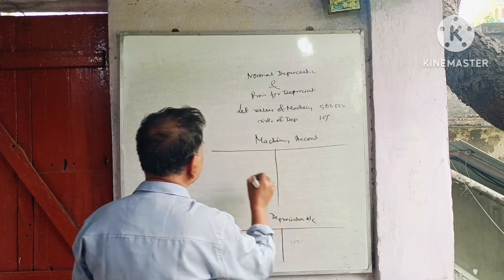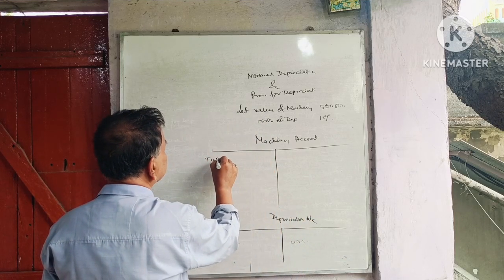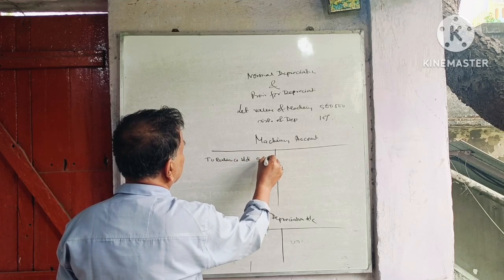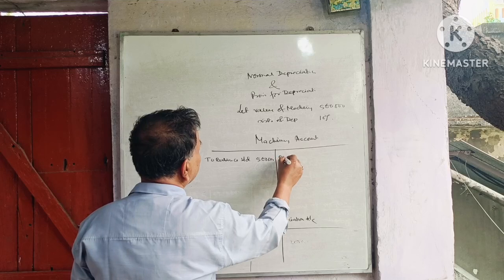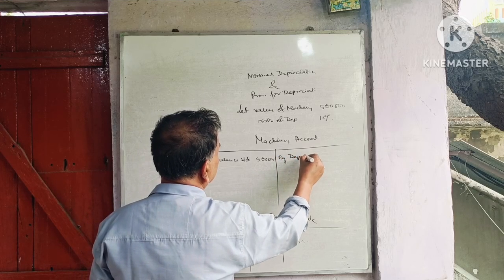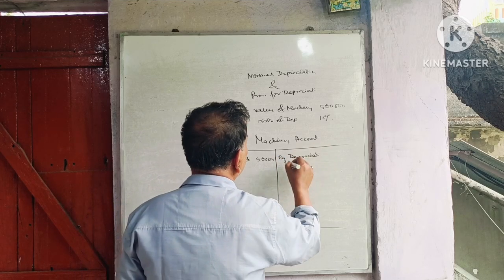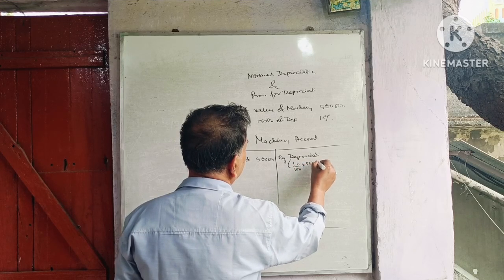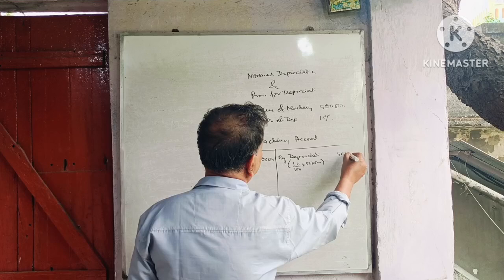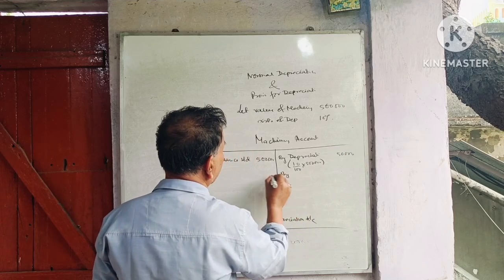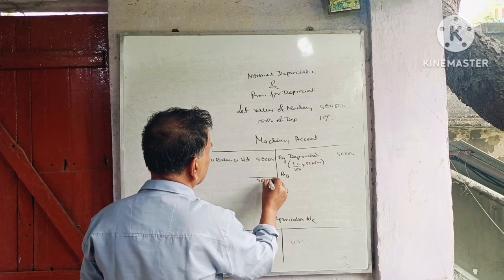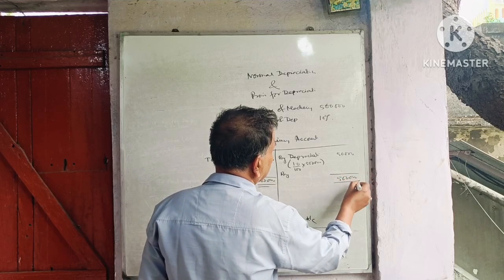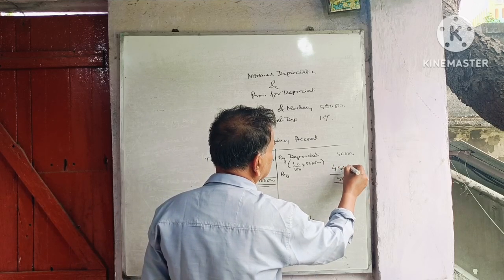In machinery account, to balance BD, 5 lakh, by depreciation, 10% of 5 lakh, 50,000. By balance CD, how much? 4,50,000.